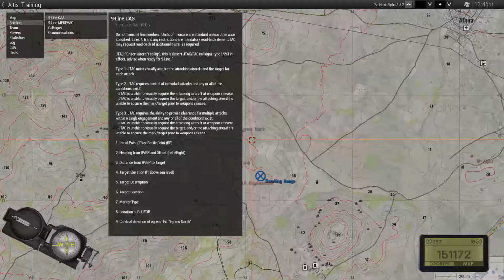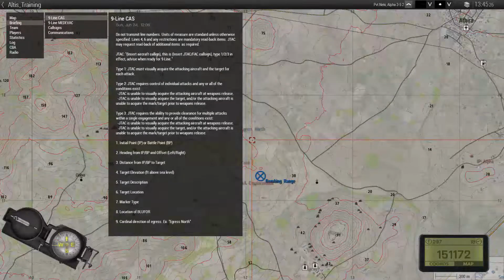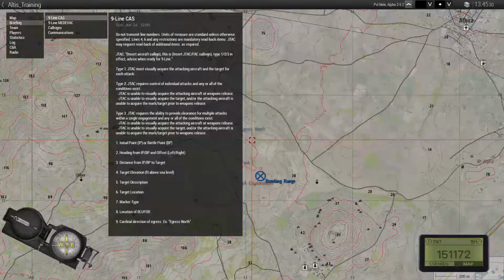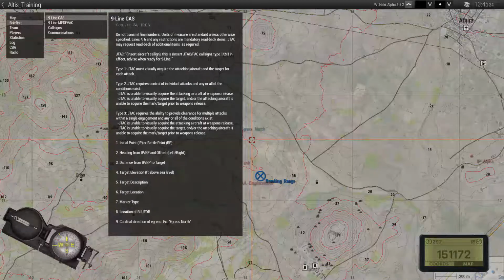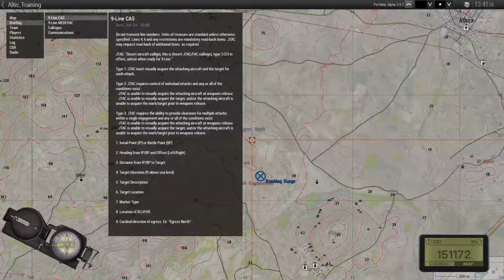Line 3, distance to target. Correct. Line 4, target elevation. Yes.